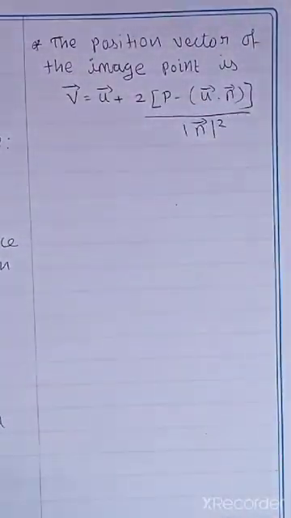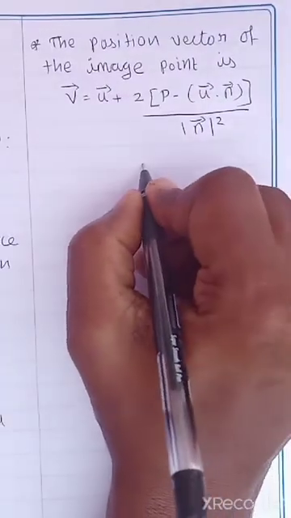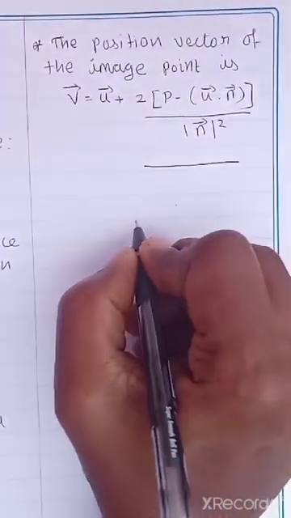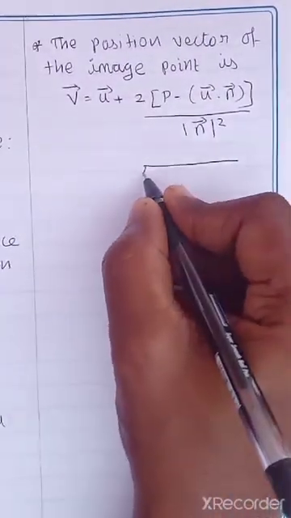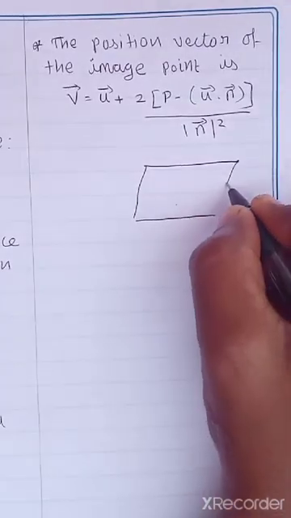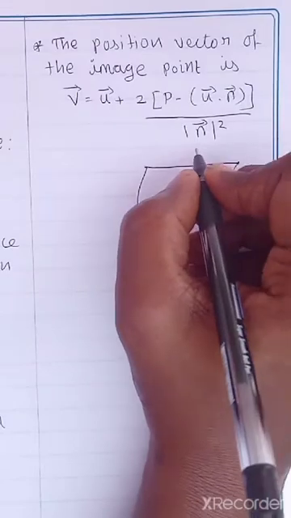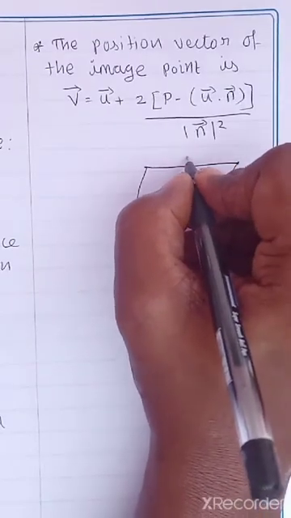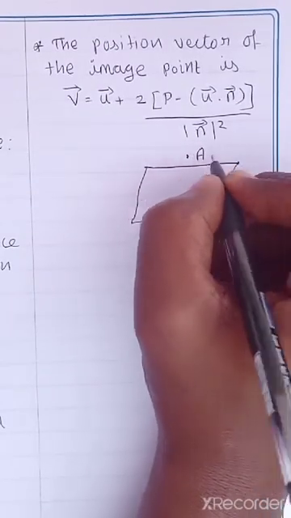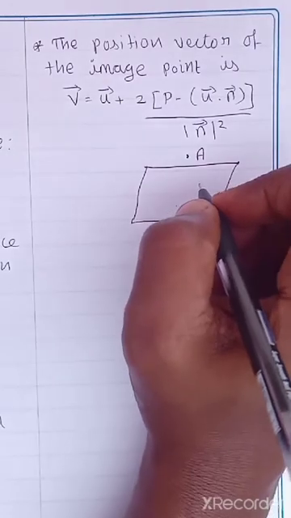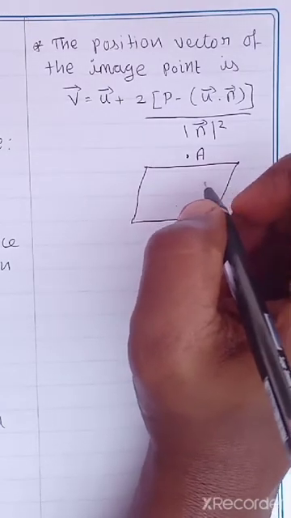Next, position vector of the image point. So here we are taking one plane and one point A. What we are going to find out is the image of a point in a plane.